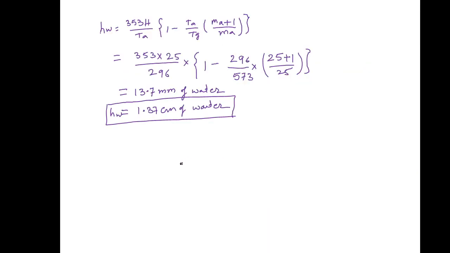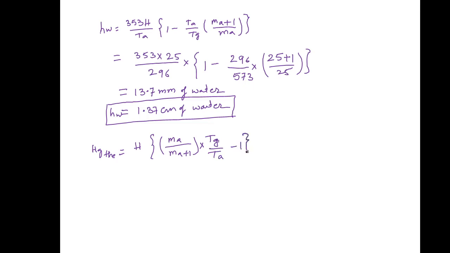Coming to the next part, to find velocity we must find the draught produced in gas column. Hg theoretical is equal to H in bracket Ma divided by Ma plus 1 into Tg divided by Ta, minus 1. This derivation we obtained in the previous class.